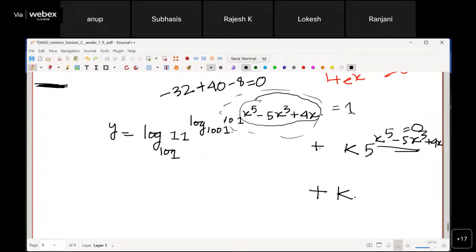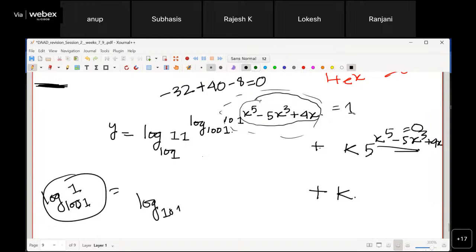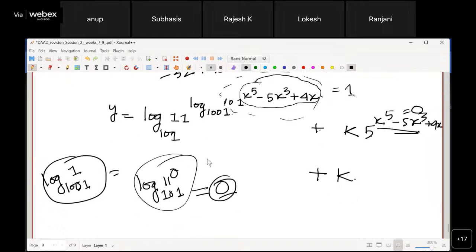And again, if you take this log 101 power 1, that is 1, then again this is 0. So finally, for x equal to -2, this value is basically k. You can try again, but we will certainly not ask this type of question in the exam.